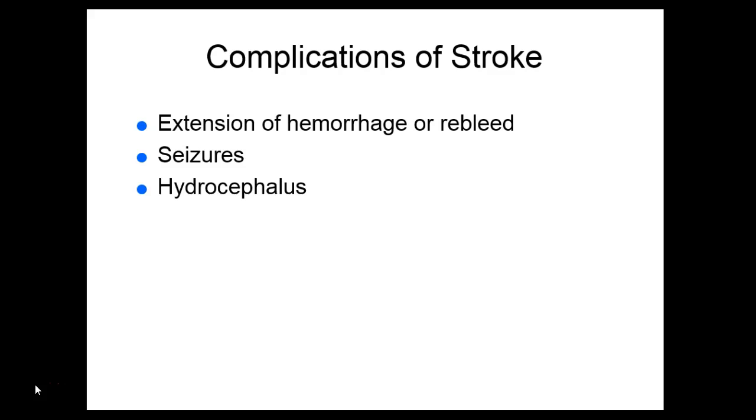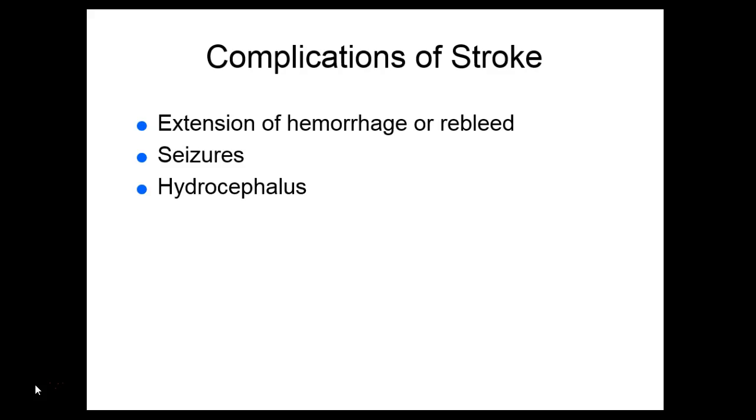Complications that can occur because of a stroke: extension of a hemorrhage or a rebleed may occur. So the initial symptoms are caused by, let's say, a leaking aneurysm, a rupture. Neurological signs and level of consciousness are watched closely to detect if there's any deterioration. The patient is kept as quiet as possible.